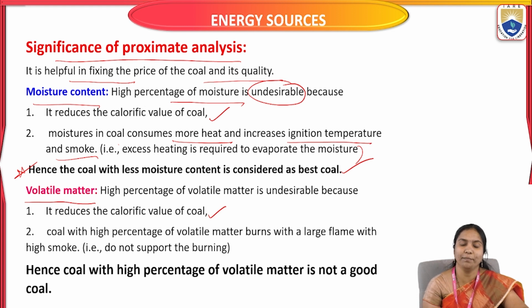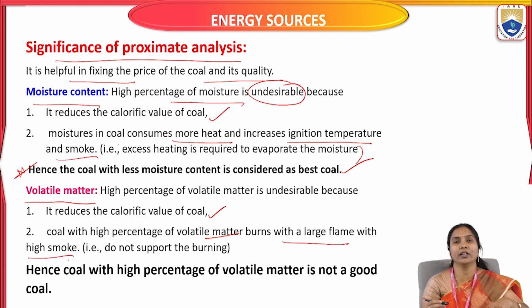And the coal with a high percentage of volatile matter burns with a large flame with high smoke. If the volatile matter percentage increases in this coal, it produces more smoke. It requires more heat energy. It does not support the burning, incomplete burning. It does not support the burning process also.